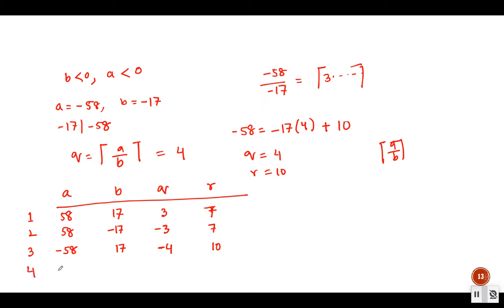Case 4 is minus 58, and b is also negative, minus 17. Here also we implement this because b is less than 0, so q will be plus 4 and r will be plus 10. Always remember r will be less than the absolute value of b, and it can be greater than or equal to 0.